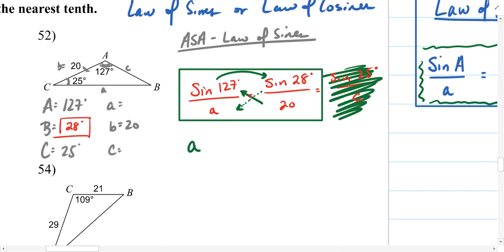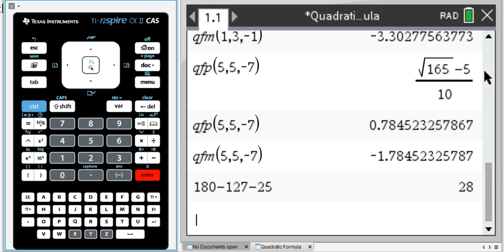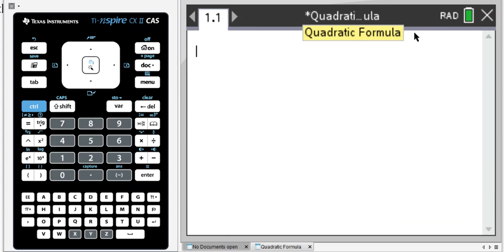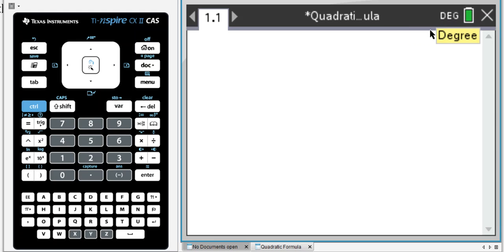So essentially what I'm saying is that A, this value here at the end, is equal to, I'm going to start at 20 and form this loop, 20 times sine of 127 divided by sine of 28 degrees. And this single expression can be typed into the calculator, and the result will be obtained for A. So before I get too far, I want to make sure that I switch my calculator to degrees if it's not already in degrees.